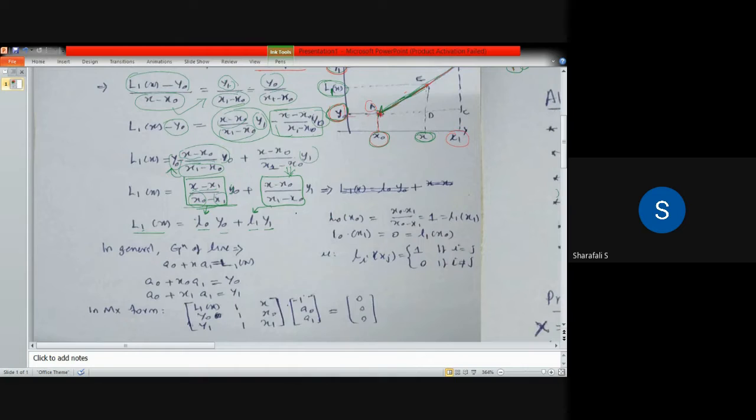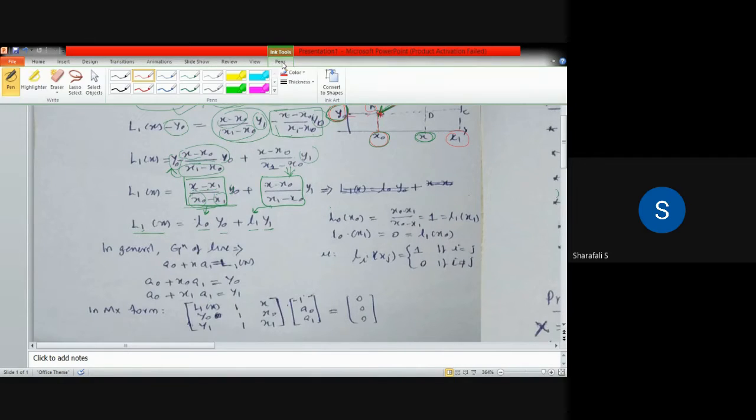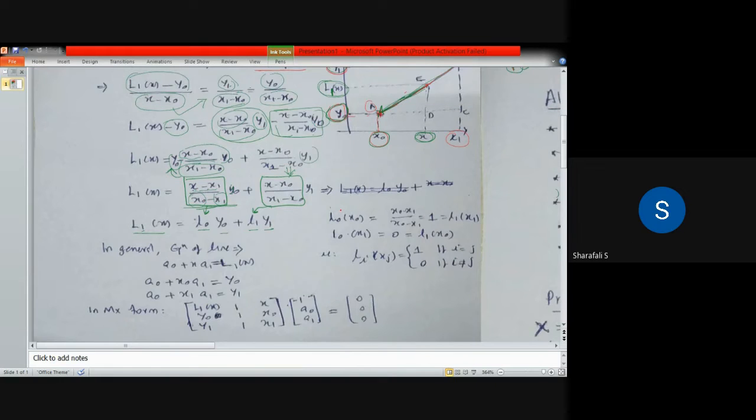Now, from that, we can have some condition here. If you consider L0 of x0, what will that be? If you substitute x0 for x in this equation for L0, that will come as (x0 minus x1) divided by (x0 minus x1).